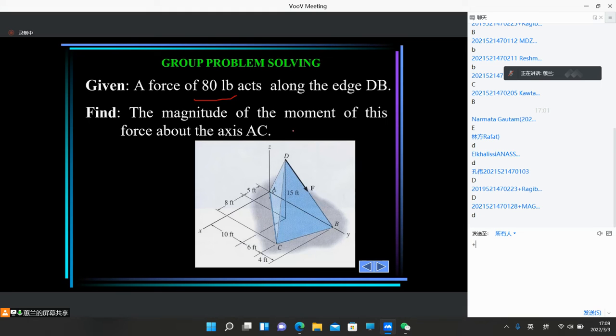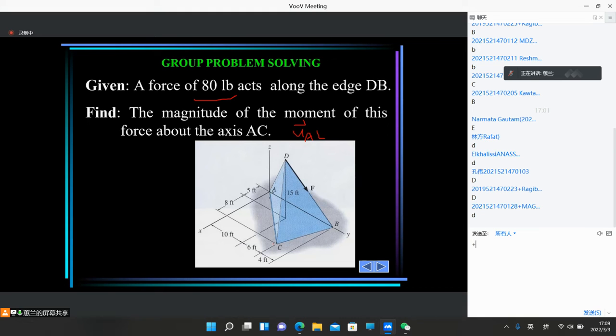If you can find the unit vector of AC, we can dot them, right? But how about finding the moment of F about a point?